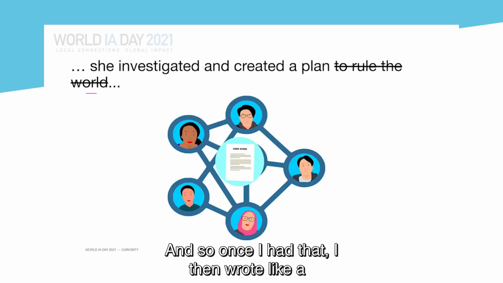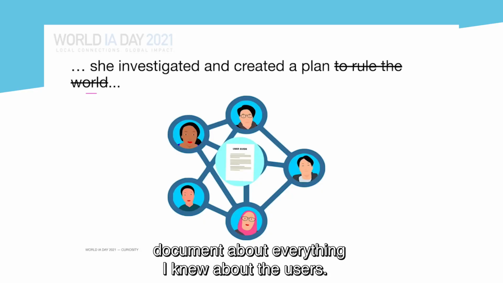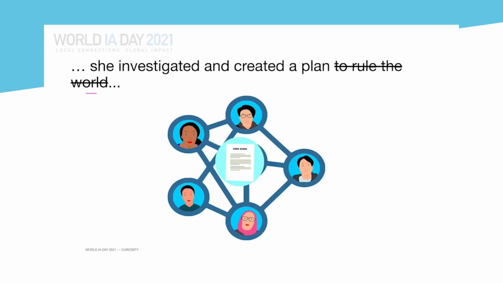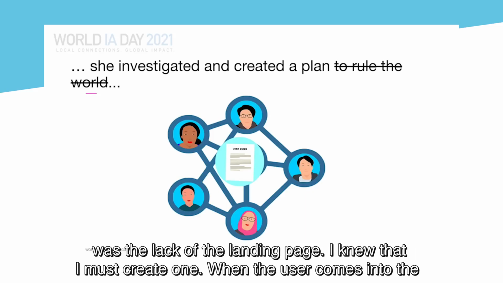And so once I had that, I then wrote a document about everything I knew about the users. So going back, one of the problems that I noticed when I accessed this complicated documentation set was the lack of the landing page. And I knew that I must create one.